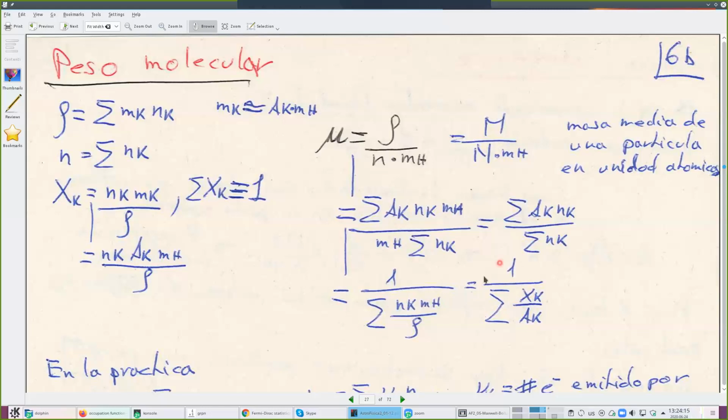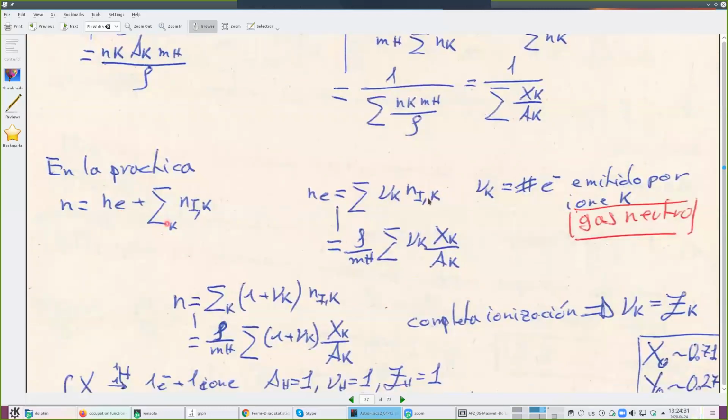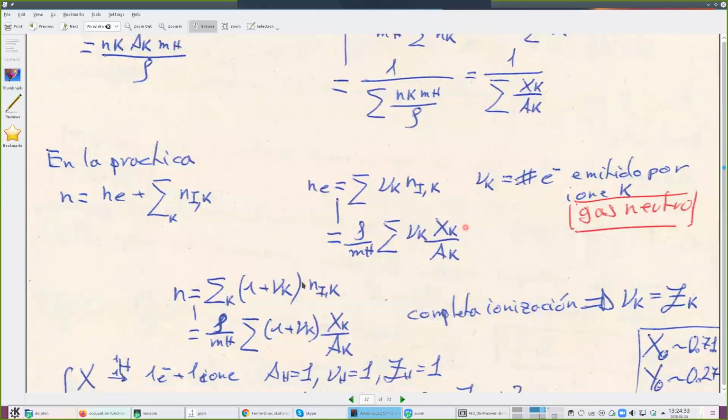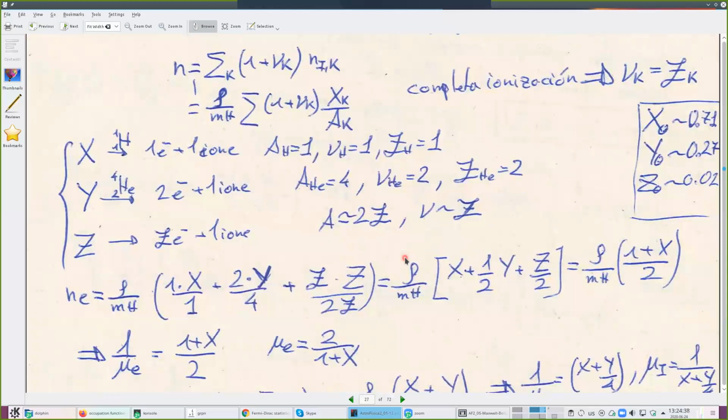This is the most used definition because you can have the composition of the stars, for each element there is a value to put inside. In fact, you consider that the total number of particles is the number of electrons plus ions, doing the calculation. Okay, I don't think you need a lot of review here.